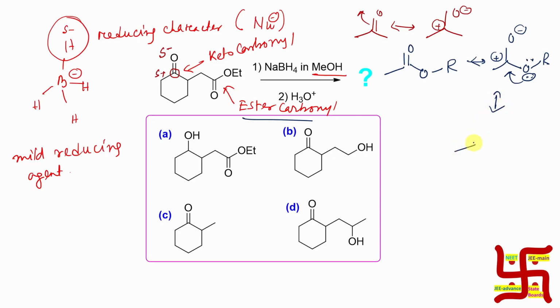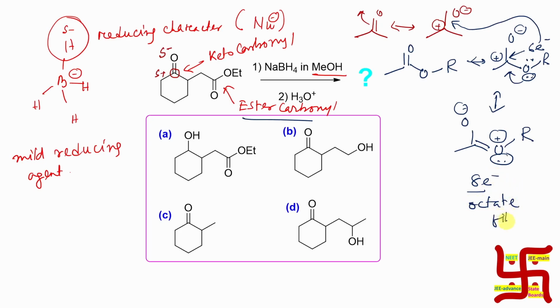So you can see another canonical form, this. Now in the second canonical form, all atoms are octet filled. Here this carbon has 6 electrons, this is also 6 electrons, but here this is an 8 electron structure, octet filled. So this has a significant contribution.